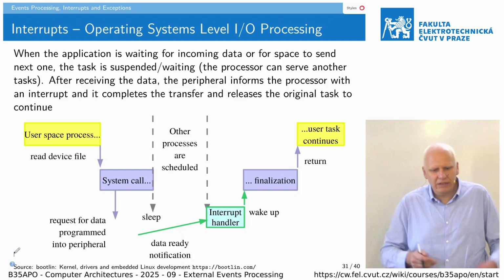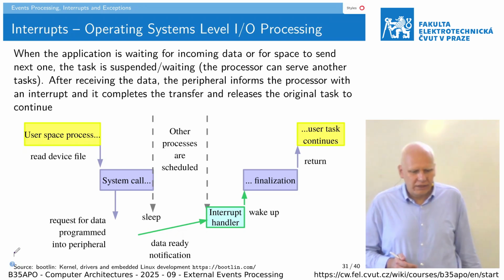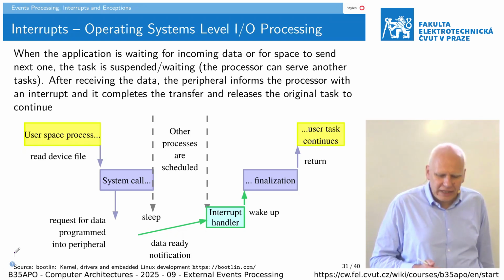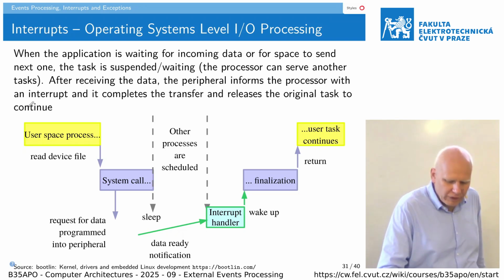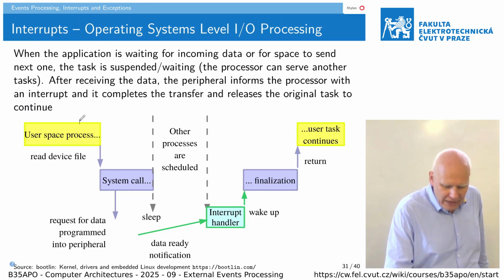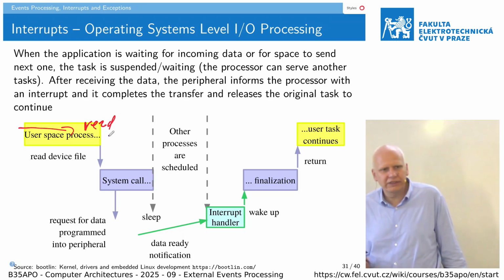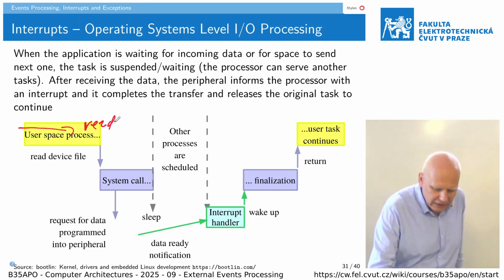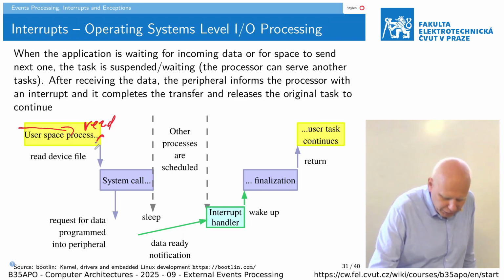Okay, so now we have seen the principles of how RISC-V works, and what is provided on the level of the processor for interrupt processing. Now we can look at how it works with an actual operating system. If your application is running and calls a read operation, for example, from the serial port, then this read operation causes a system call exception.